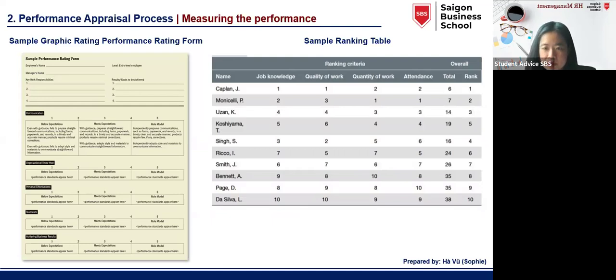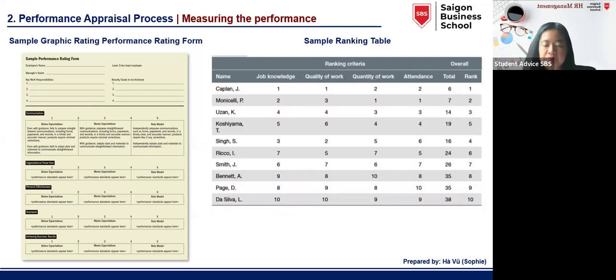This system provides a structured way for appraisers to assess key performance dimensions, which reflect an employee's effectiveness in their role.